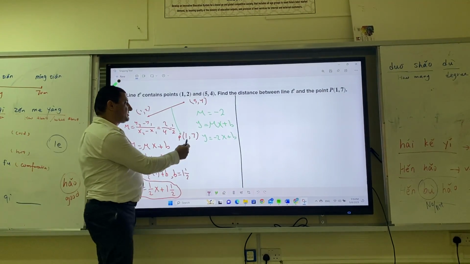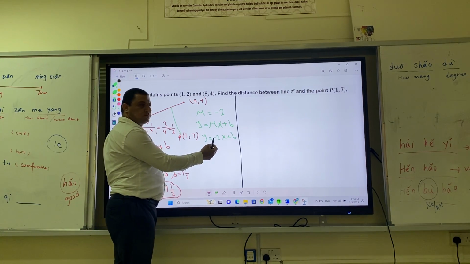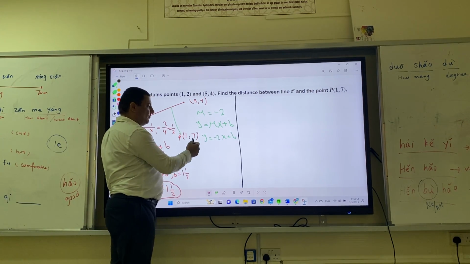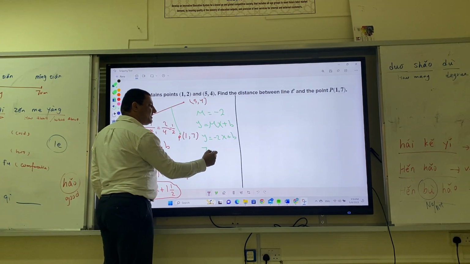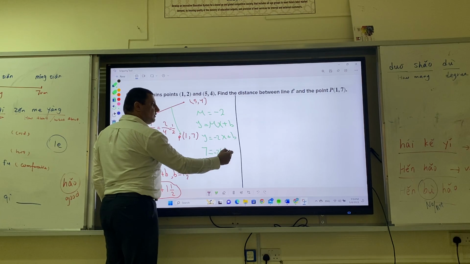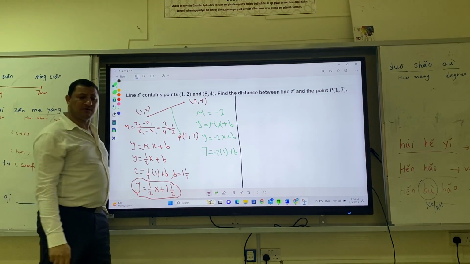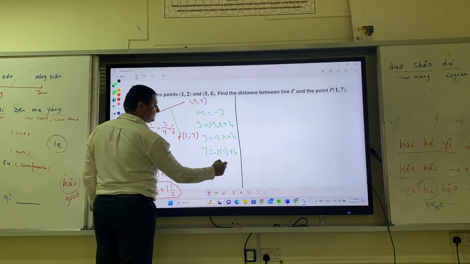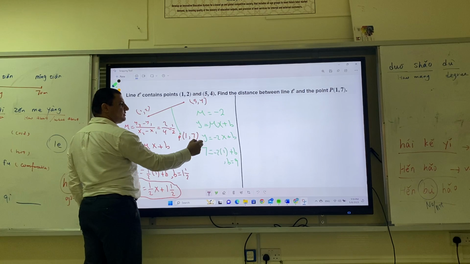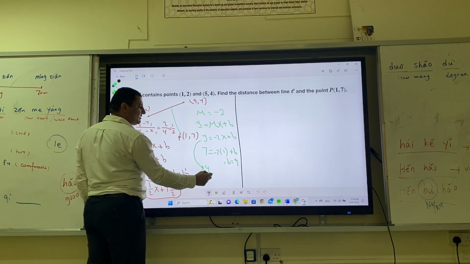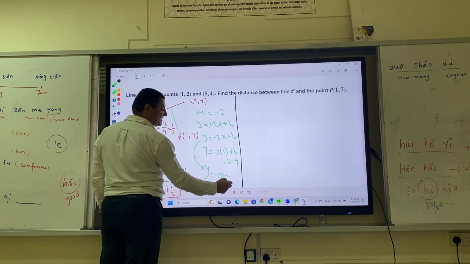So I will replace x with 1 and y with 7. So 7 equals negative 2 times 1 plus b. So b equals what? b equals 9, yes? Substitute it back here, then y equals negative 2x plus 9.